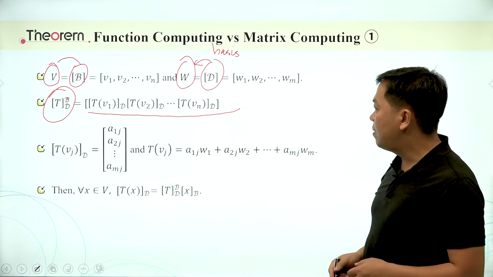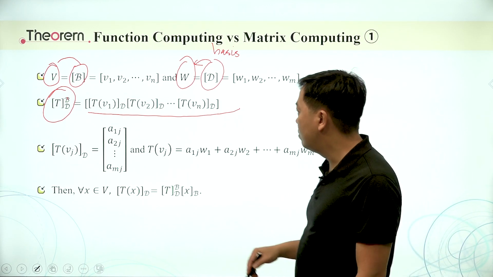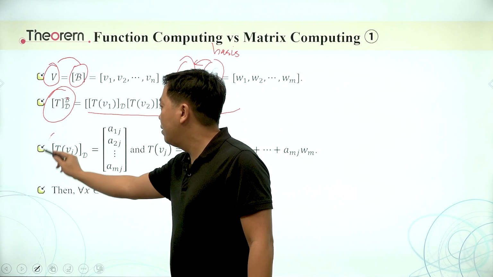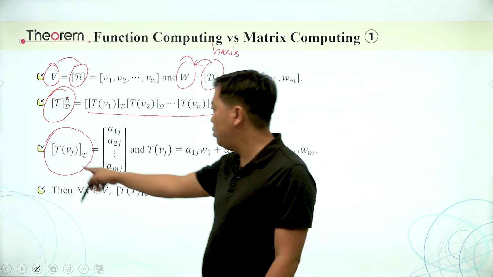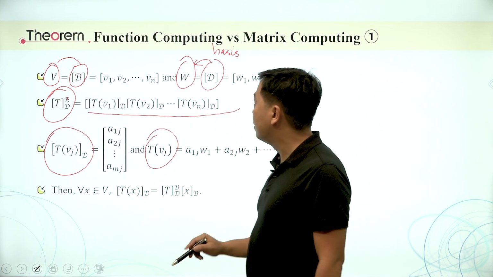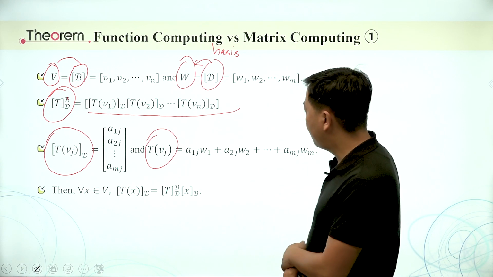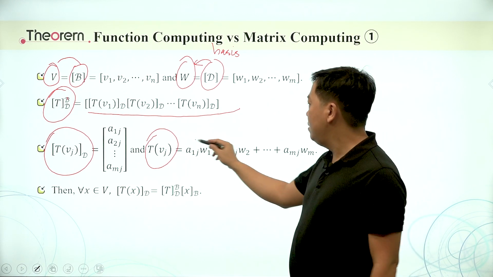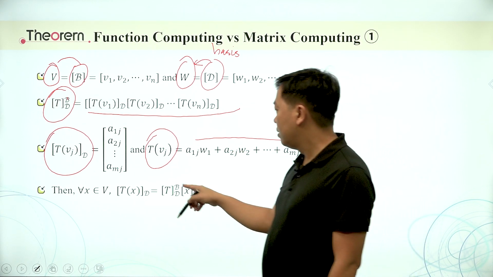What about the function? We have a new transform from vector Vj, so that can be the new function. After you apply the linear operator and this linear combination, you have the same.